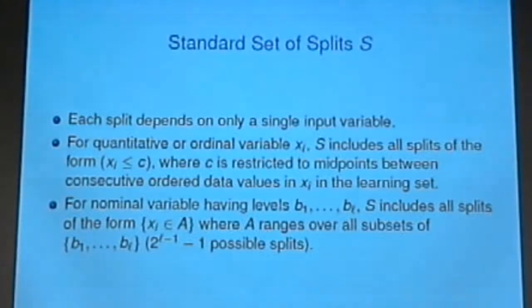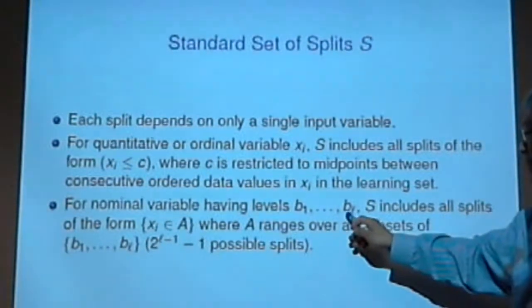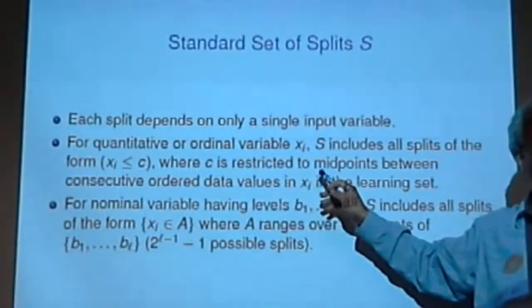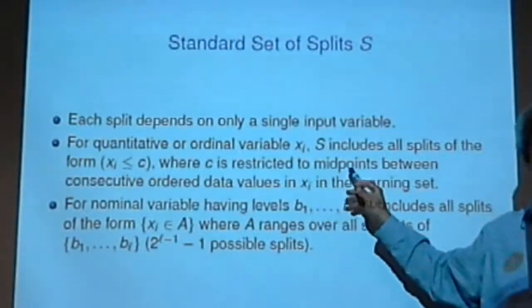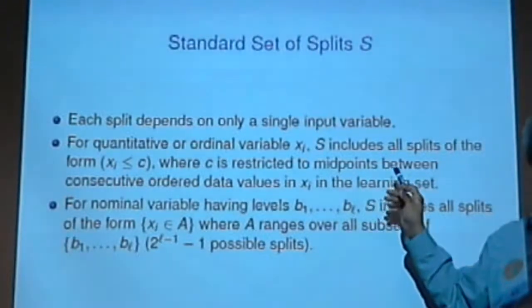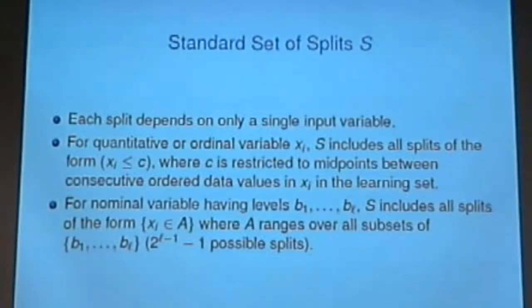Because there is no particular order, it's a more complicated splitting, right? Suppose you have here a variable having r levels. You could split the data into one group having just one of these r levels, and the remaining r minus 1, right? And there are a number of ways of choosing that as well.